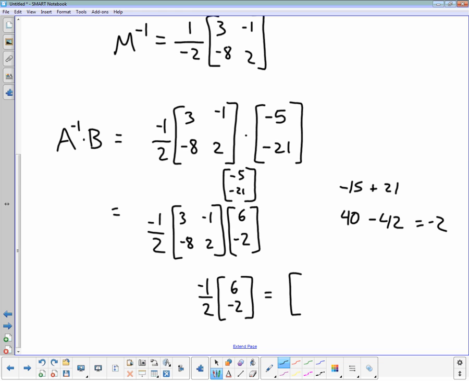Gives me -3 and 1, which is a heck of a lot nicer than row reducing sometimes. It's how to find the solution using the inverse.